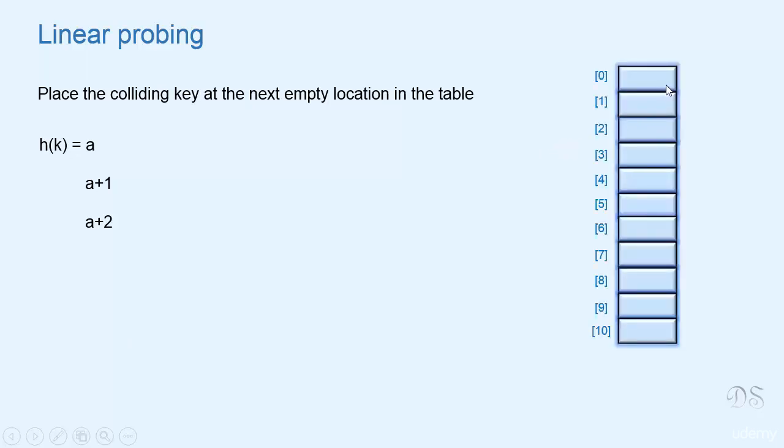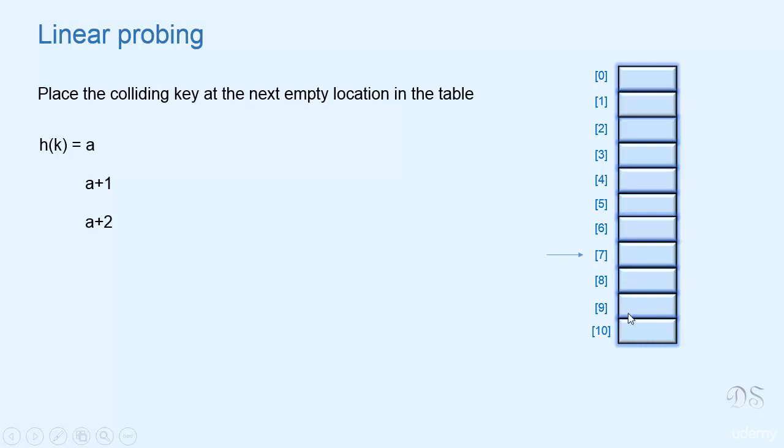Now suppose we have a hash table of size 11 and a key is mapped to address 7 by the hash function. Now if this location 7 is empty, there will be no collision and we'll place the key here. If location 7 is not empty, then we look at location 8. If location 8 is also not empty, we look at location 9.